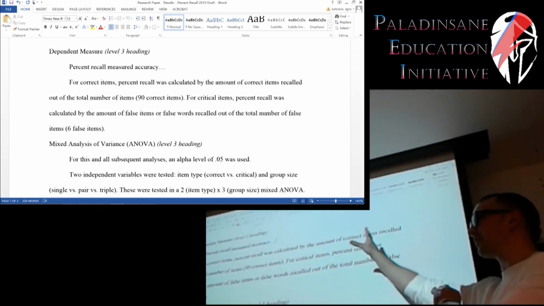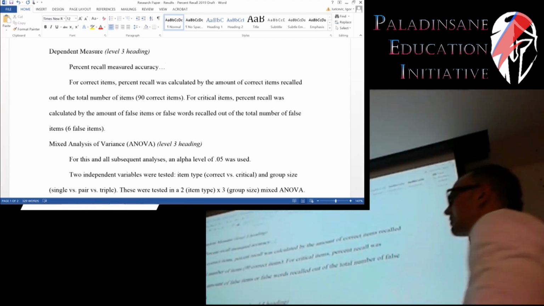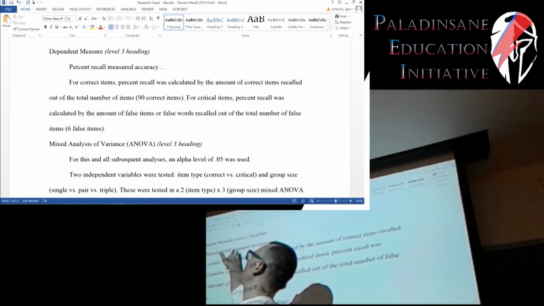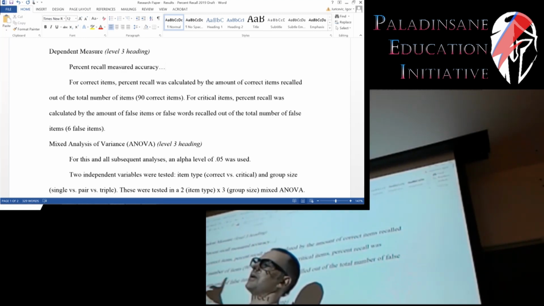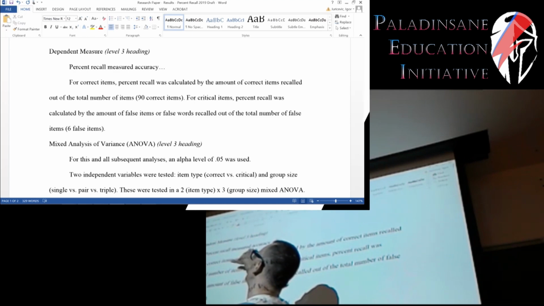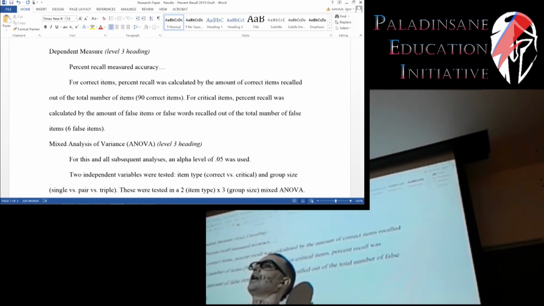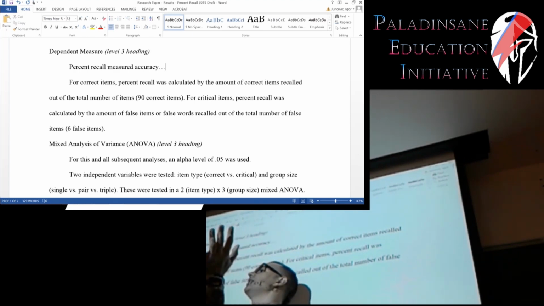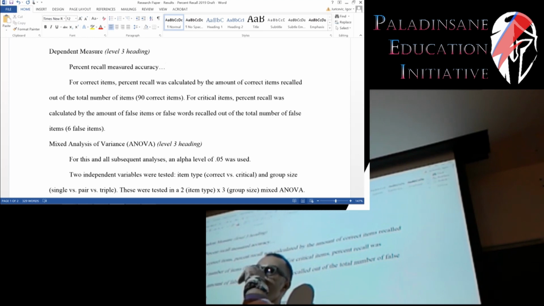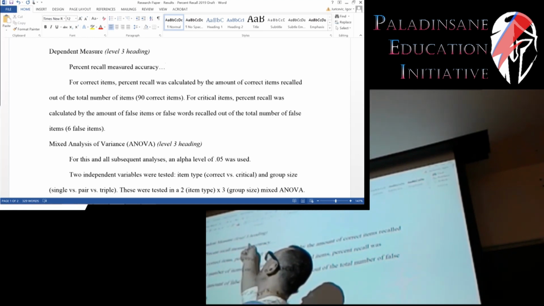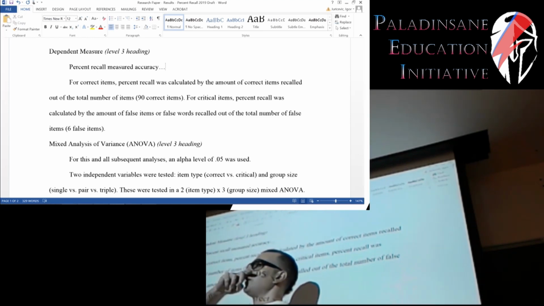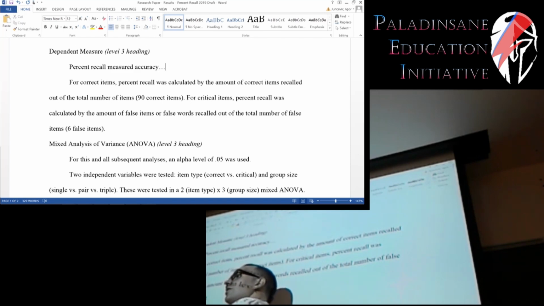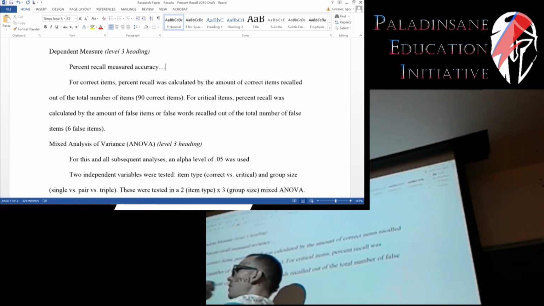Like I said, I skipped this one because this is oftentimes what happens here. So we'll leave this as part of the homework assignment, but you need to expand on this. It is true that we are measuring the accuracy of memory. That is basically what we're looking at with percent recall. So try to expand on that. What is it that we were looking for with percent recall?